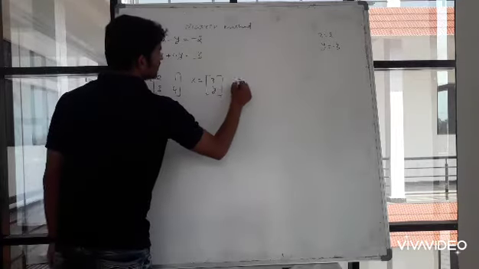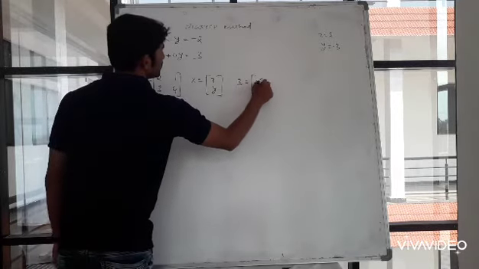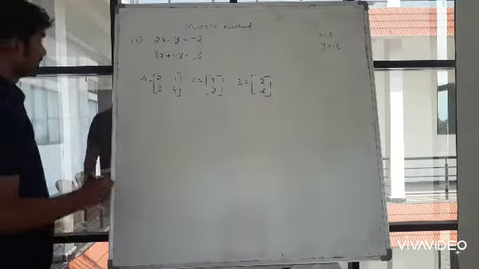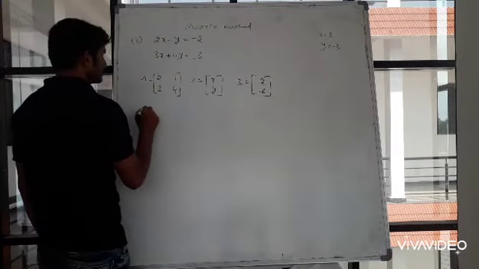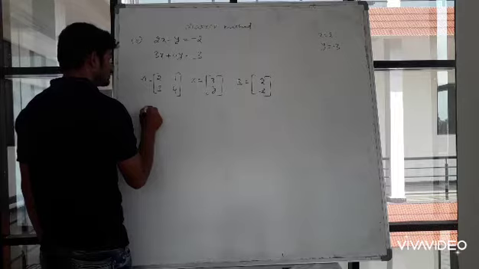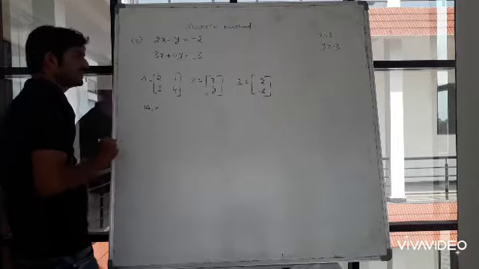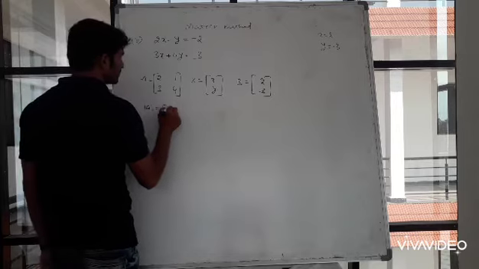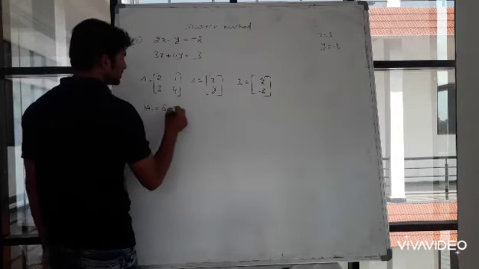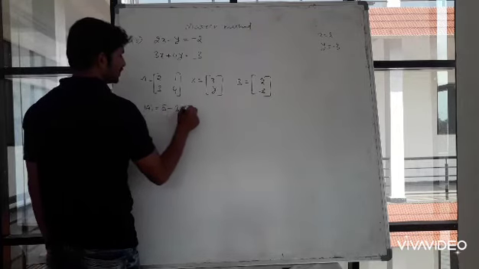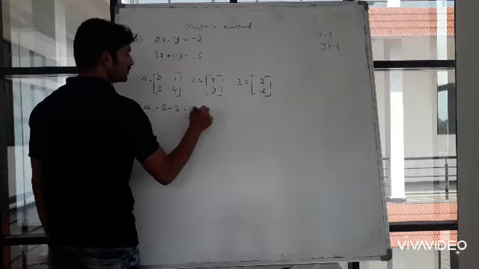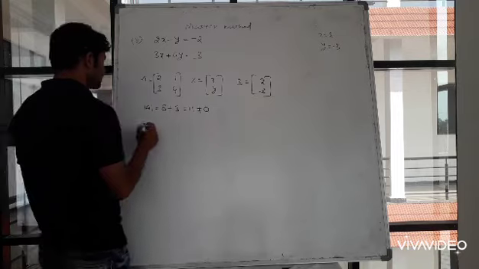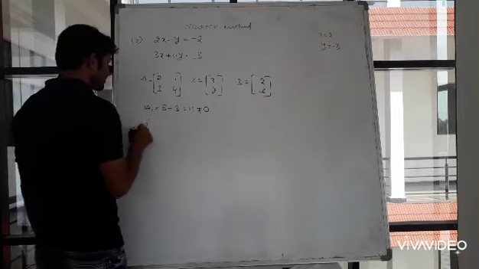Then b is equal to minus 2, 3. Now we know the formula, but before that, find the determinant of A. 4 2s are 8, plus 3 1s are 3, is equal to 11, which is not equal to 0. So A is non-singular. If A is non-singular, A inverse exists.